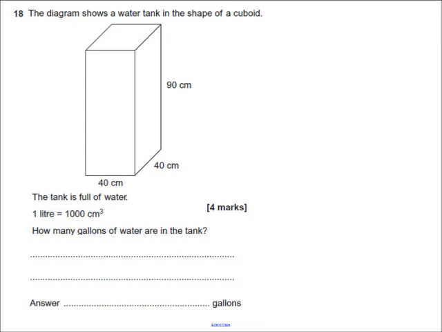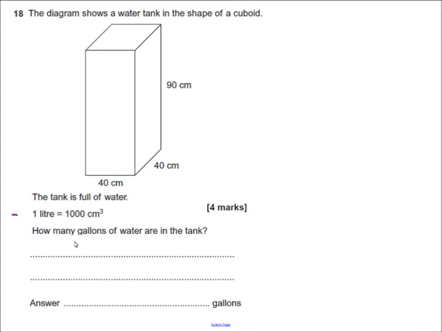Question 18 has a diagram showing a water tank in the shape of a cuboid, which is 40 by 40 by 90. The tank is full of water, and they're telling us that 1 litre is 1,000 centimetres cubed. It's not something you need to remember in the exam, and they will give it to you. However, some of you, when you read the next part of the question, will cotton on to a conversion you do need to remember.